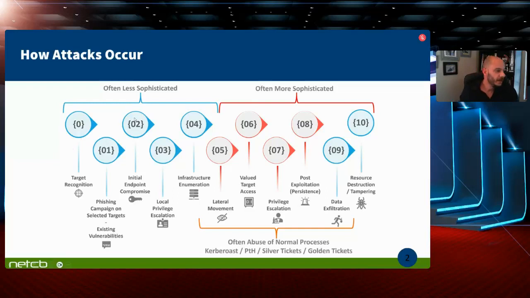The next step really is to gain access to the initial endpoint. Now, this could also happen, as I mentioned, through something like a phishing attack, gaining access to a user's credentials and using that to log on to a different application or service. It might also be because of a vulnerability that's exposed through one of your internet-facing devices, or an internal device, even if the attacker already has access to the environment.